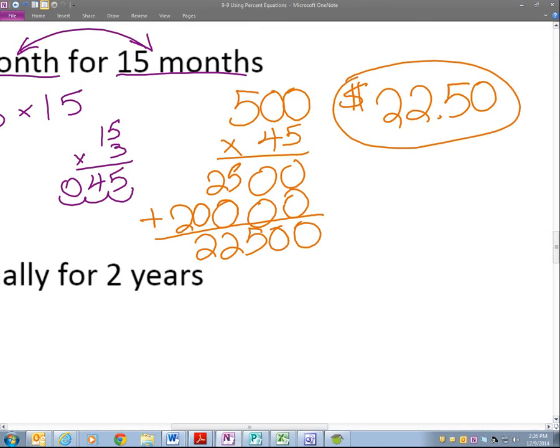That is the interest, because I had 3 decimals in 0.045. So I have to go 1, 2, 3 to the decimal point there. Where did the third decimal come from? There are 3 decimal points in the question before it. Okay? So we have $22.50. That is the interest.